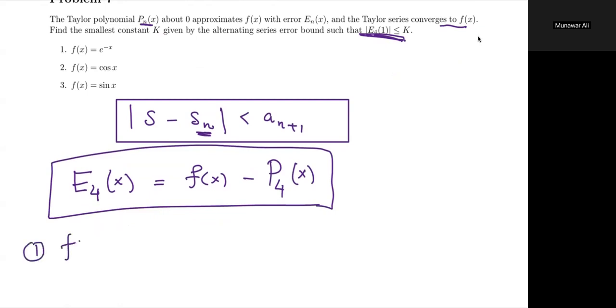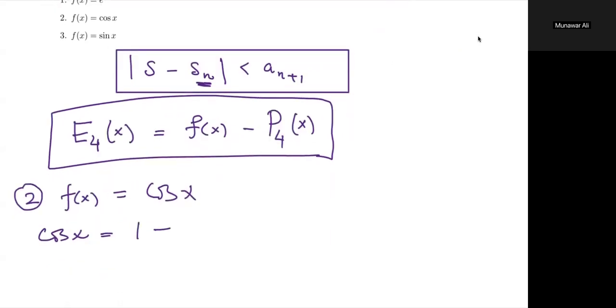If you take the first one, f of x is equal to e to the negative x, but maybe I'm taking the second one. The series for cosine x is this: 1 minus x squared over 2 factorial plus x to the 4 over 4 factorial.